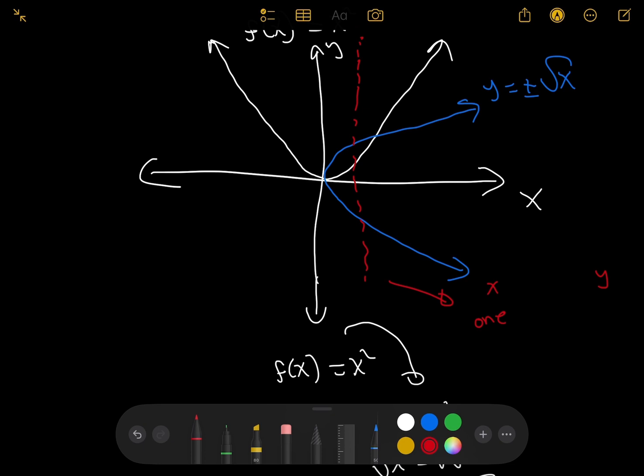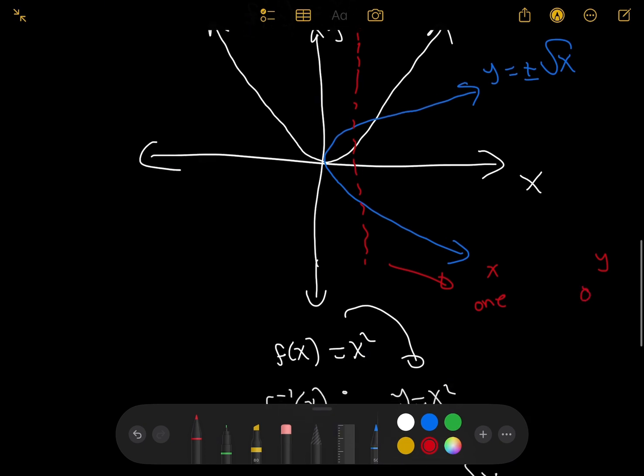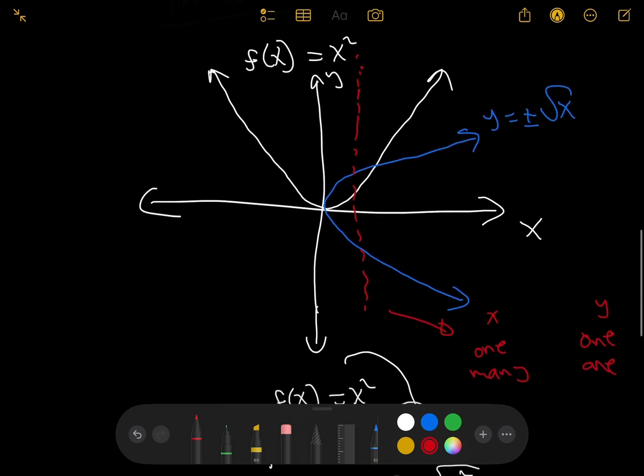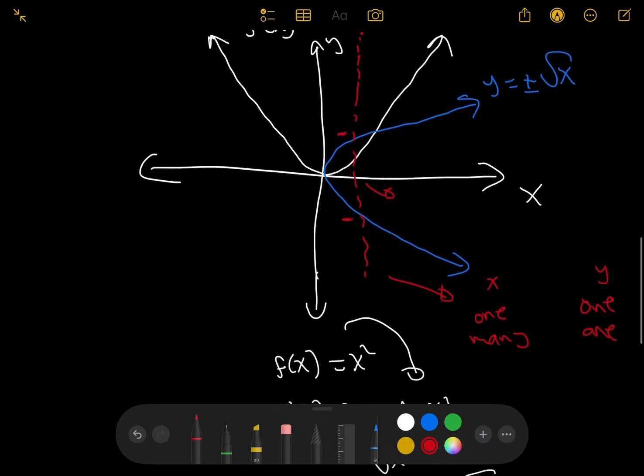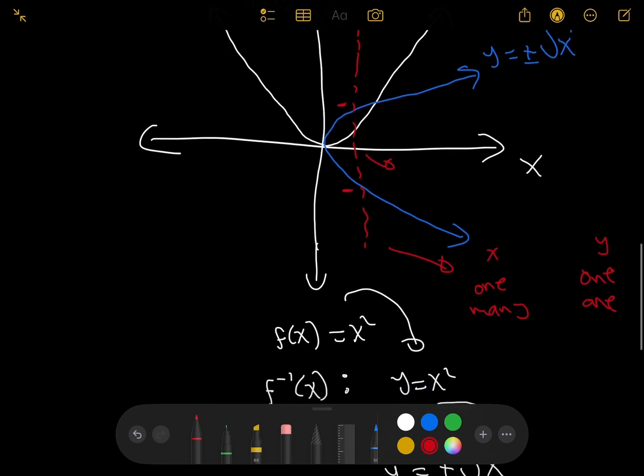For it to become a function, not a parabola, we must have one-to-one or many x values to one y value. But in this case, instead we have many y values: a y value here and a y value here for the same x value. So it is therefore not a function, right?